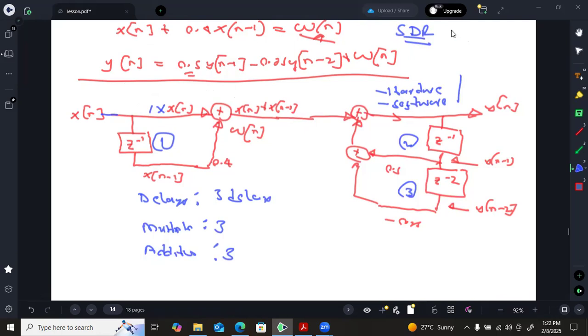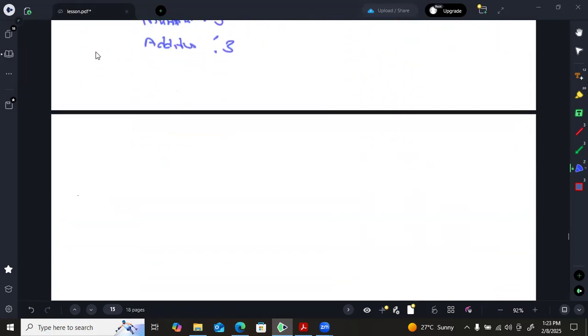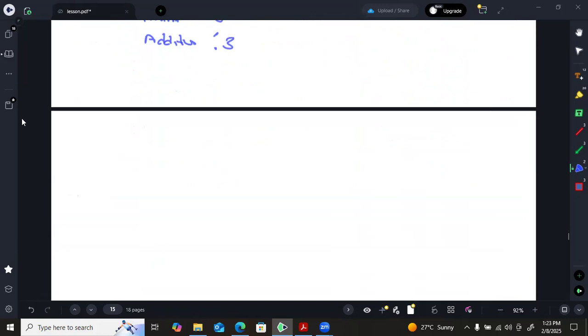We can process our filters in software, everything in software. So this would be an acceptable implementation. So now you are able to realize a system using the direct form 1. You can try this. We'll try this.